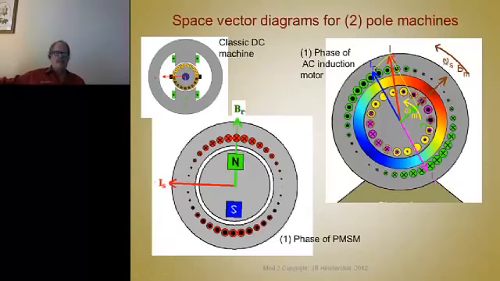In other words, this represents the speed of the rotation of the electric field in the stator, the same way the field rotated in the brushless machine. That's the synchronous speed of the stator.